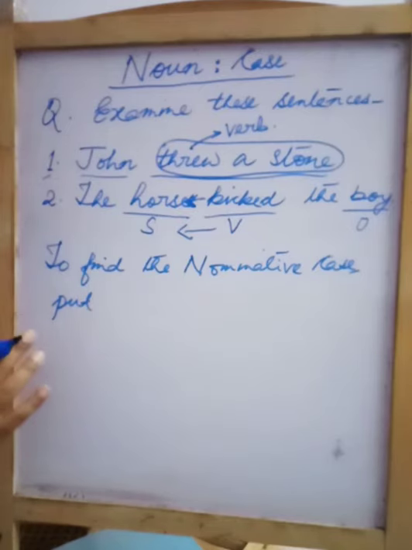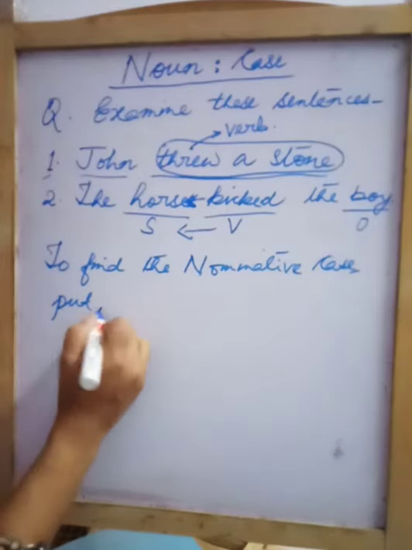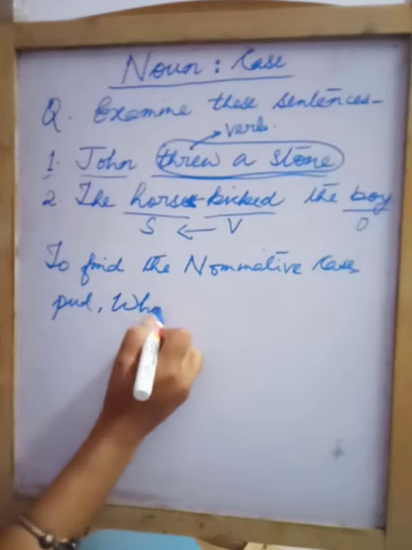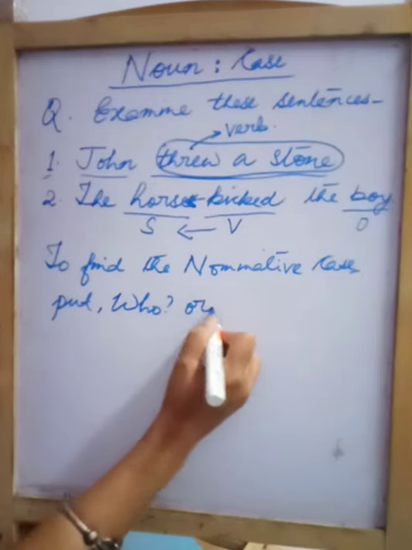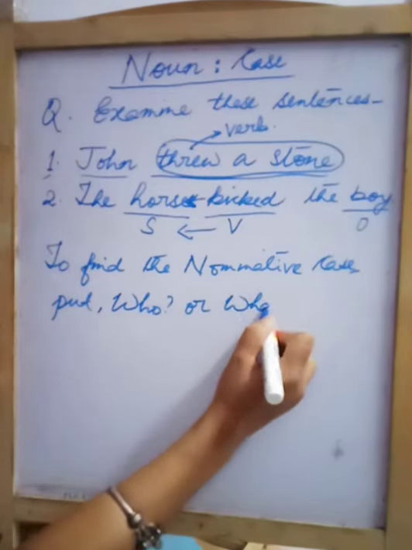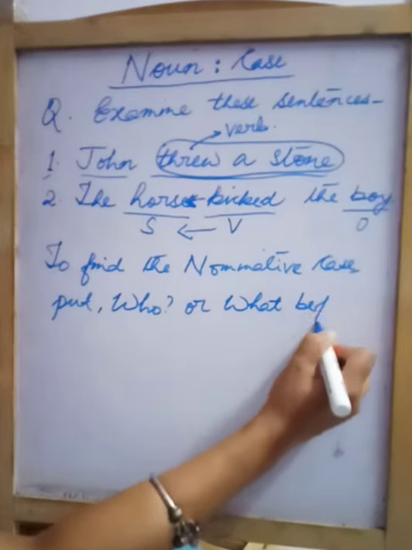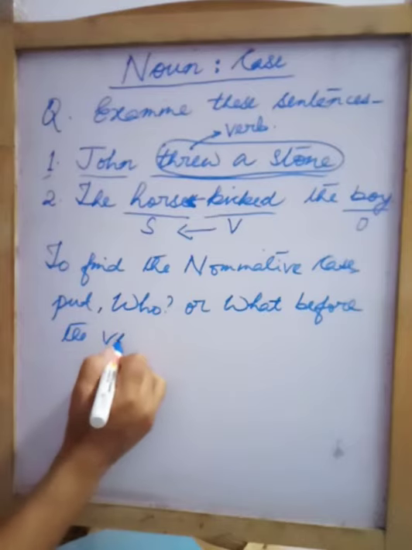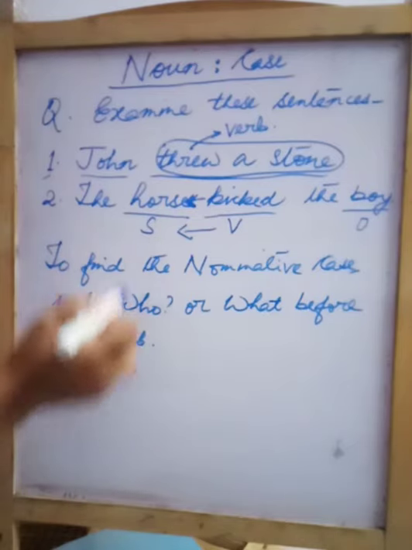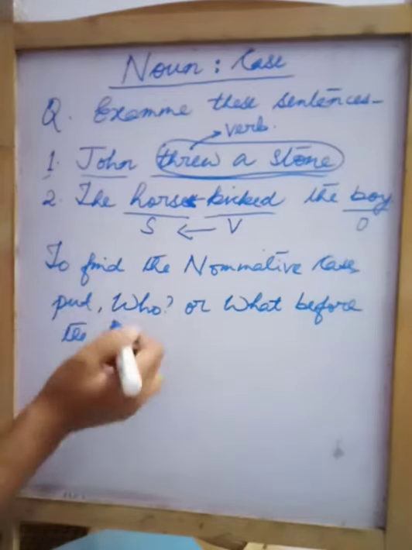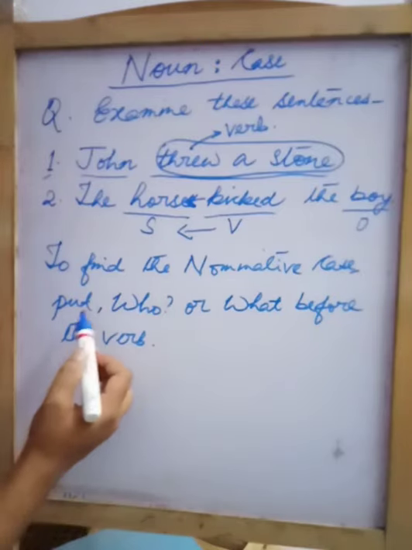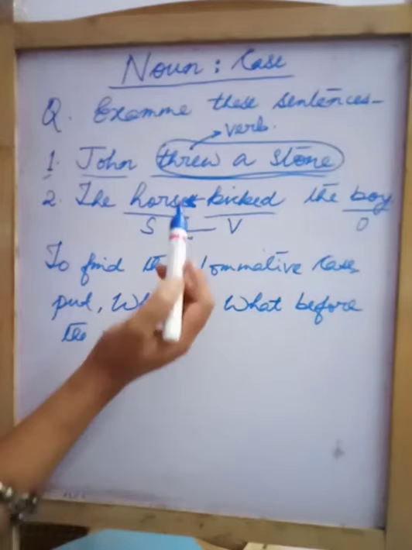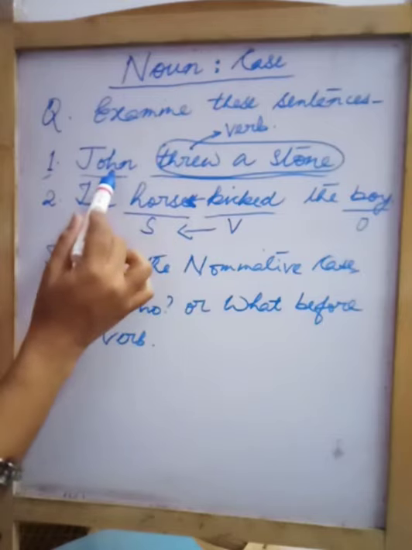To find whether it is the nominative case, put who or what before the verb. You can just match and see. So to find the nominative case, put who or what before the verb. This is the verb threw, and this is the subject, John threw a stone.